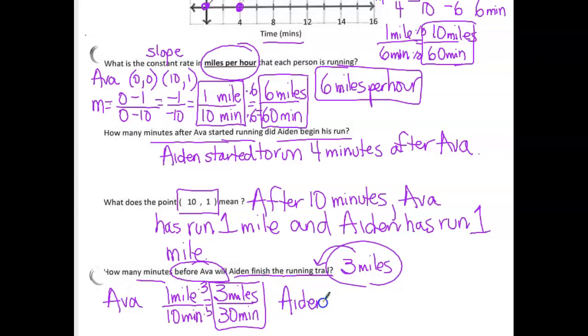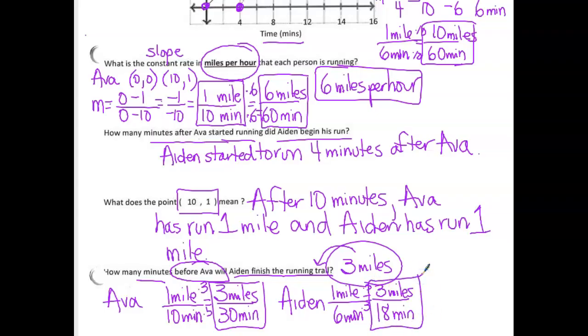Aiden runs 1 mile in 6 minutes. So I need to know 3 miles for Aiden. Again, I use equivalent fractions and multiply by 3. I take 6 times 3, that gives me 18 minutes.